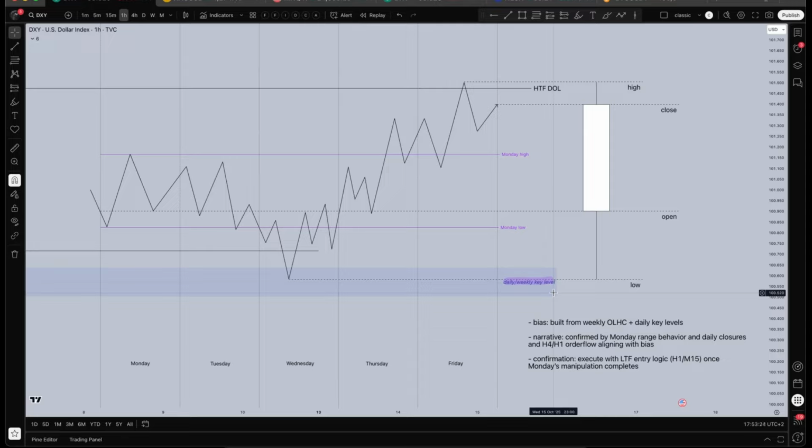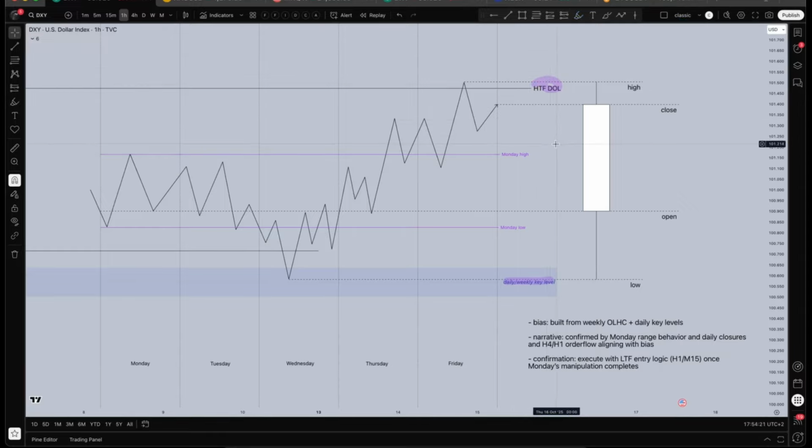Once you have determined the weekly bias, the next step is to mark out the daily and weekly key levels. That's the weekly prep you want to do always on Sunday. Mark out your daily and weekly key levels where you want to see the weekly candle expand into, and then use that key level to kick off the weekly expansion into that higher time frame draw on liquidity.